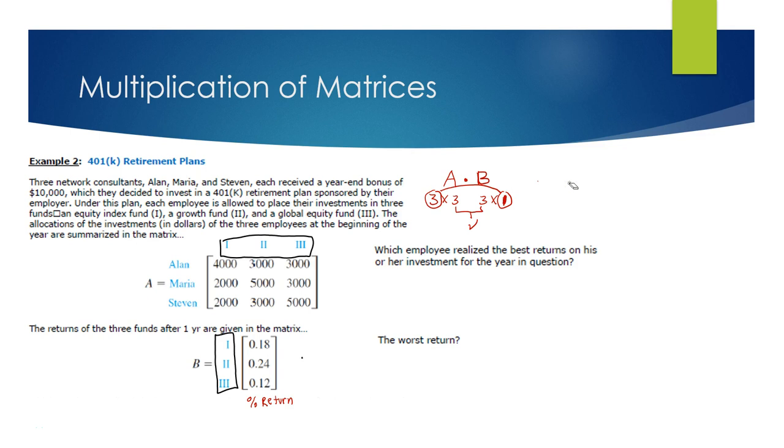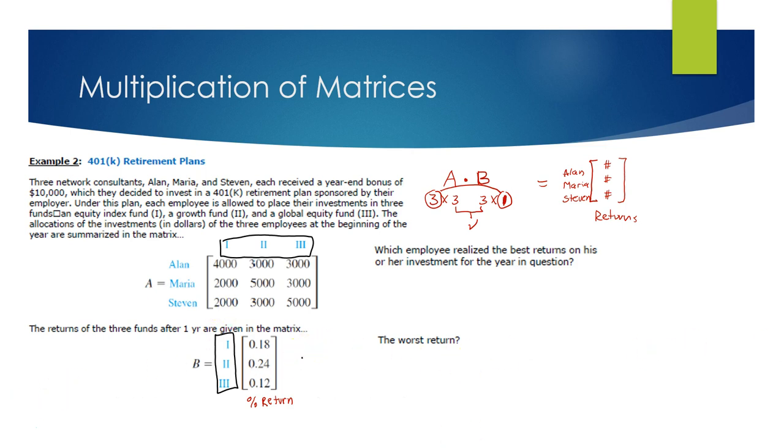So if I do A times B, I know I'm going to be able to do it, and I'm going to have a 3 by 1 matrix when I'm done. And that final matrix will have row headings of Alan, Maria, and Steven. It's only going to have one column, which is going to be the amount of money that was returned to them, like interest.